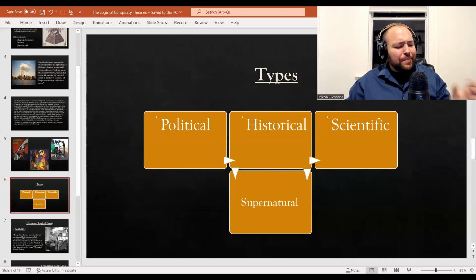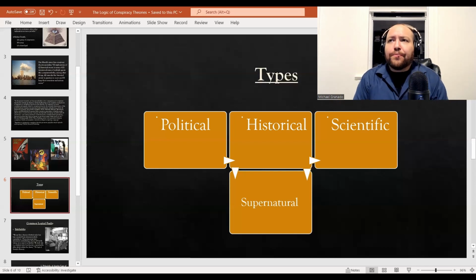Scientific conspiracies, I have a lot to choose from here. Most relevant to your life would probably be COVID conspiracy theories. The idea that COVID-19, almost always the vaccines, were pushed out for some sort of nefarious purpose, right, by some sort of group, whether it's the US government or Bill Gates or, take your pick.